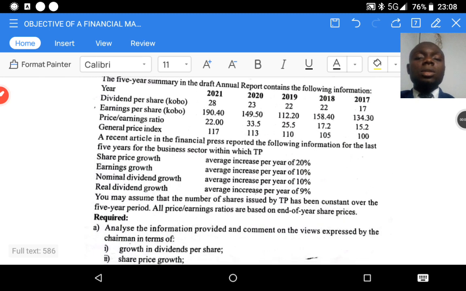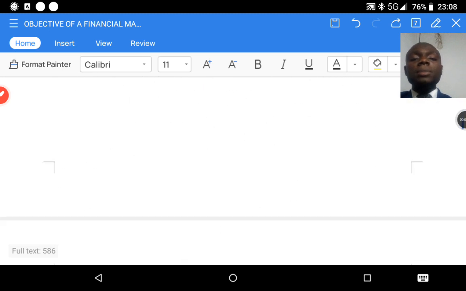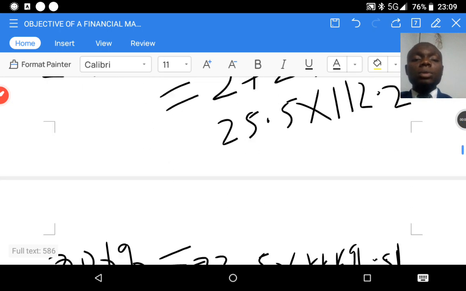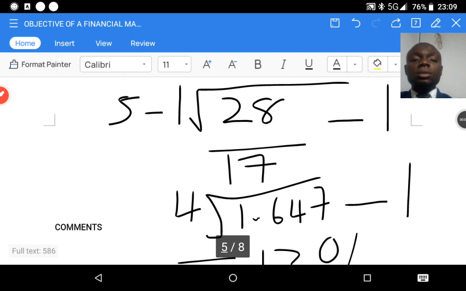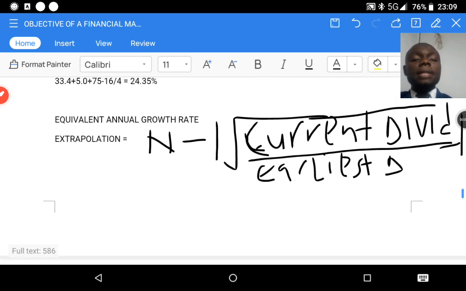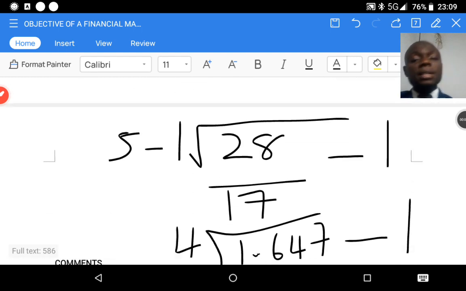So we go back to our formula. The number of years is 5 years, minus 1. There is always a reason why there is minus 1. When we get to cost of capital, we'll treat that in details, the reason why we have 5 minus 1.